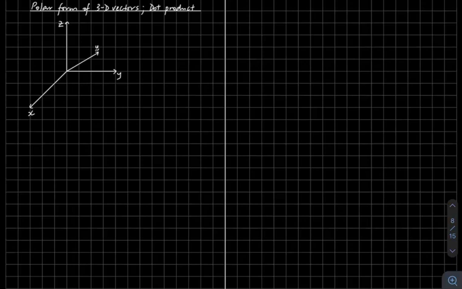And I said in the last video that often when we try to represent 3-dimensional vectors on a 2-dimensional page, we might actually draw a box fully around that. I'm not going to draw a complete box around that, but I'm still going to try and show the dimensions here. I think that's not too bad there.